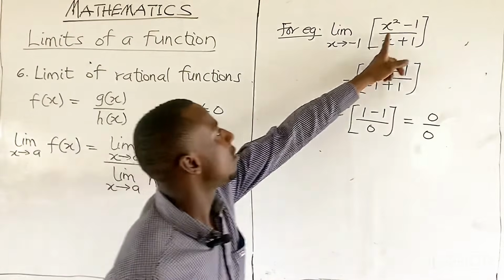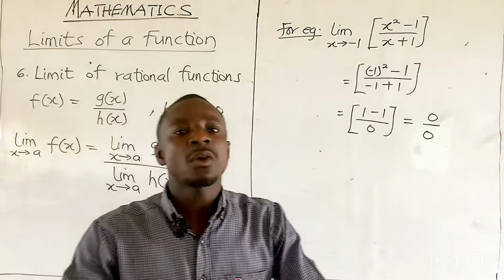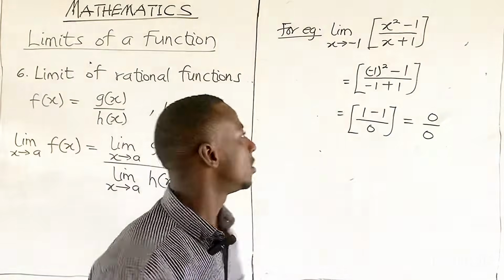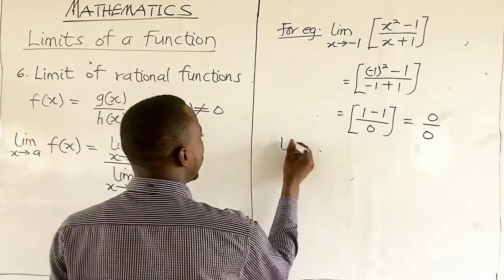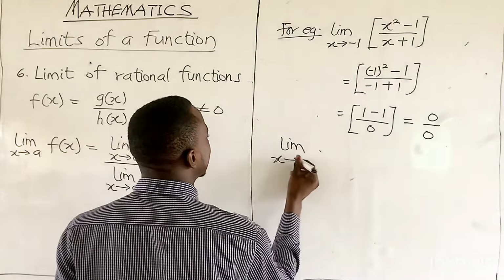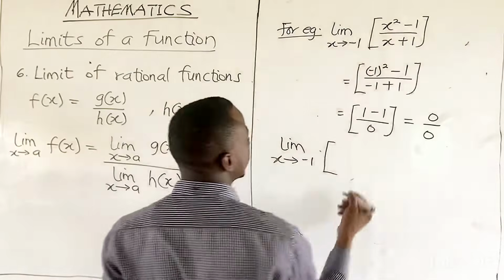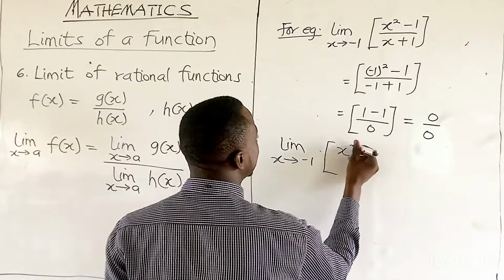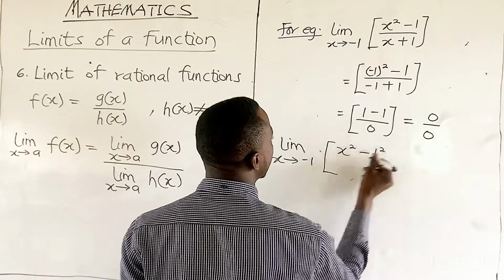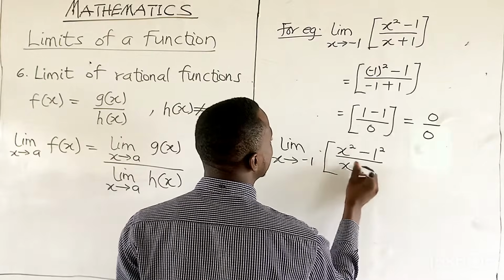In that case, from the numerator, we are going to factorize. So limit as x approaches -1, x squared minus 1 is the same as x squared minus 1 squared, all over x plus 1.